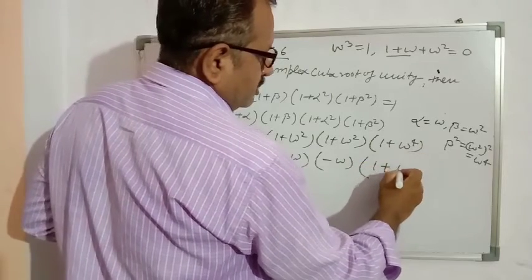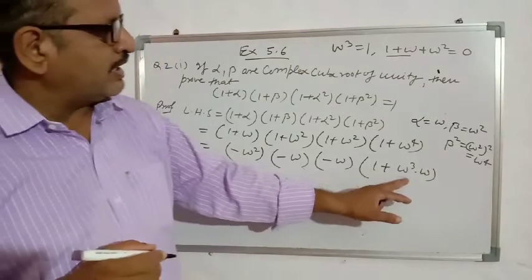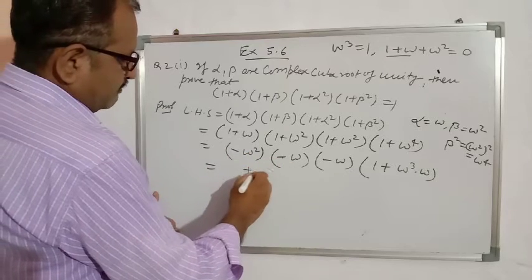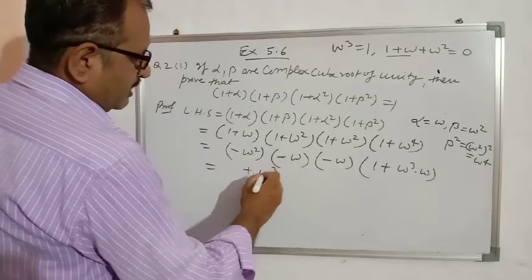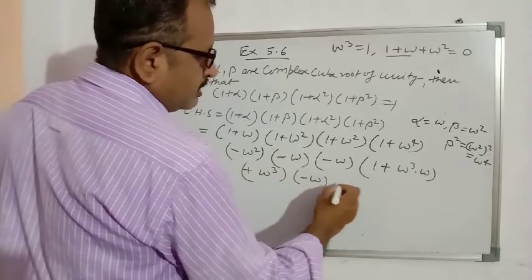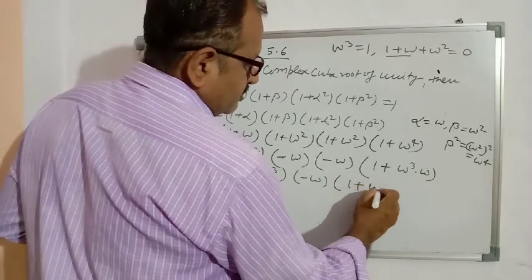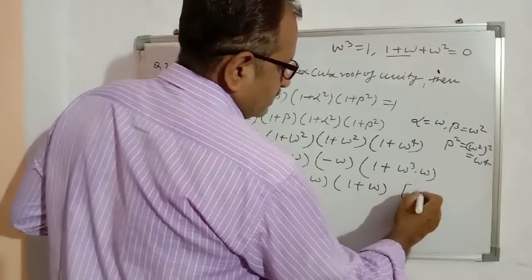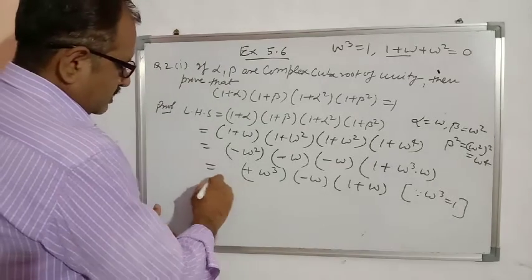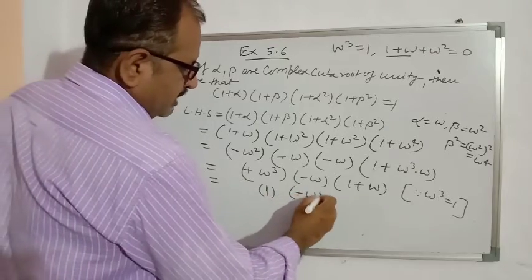1 plus omega to the power 4, we can write omega cube into omega. Multiply minus into minus, plus omega square into omega, which is omega cube, with minus omega. 1 plus omega cube value is 1, since omega cube is equal to 1, so we write 1 plus omega, minus omega.